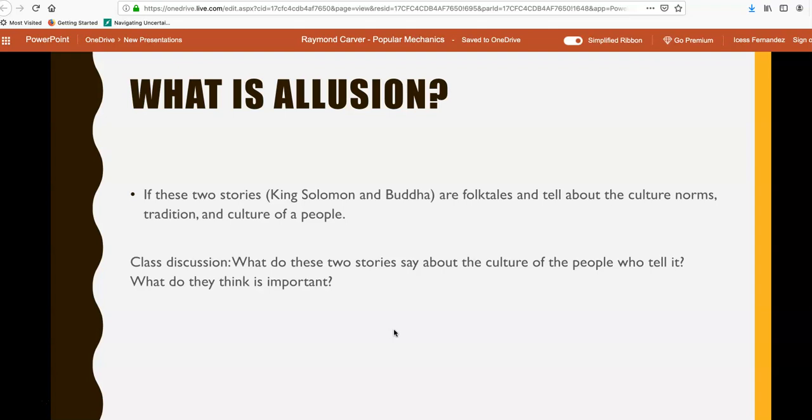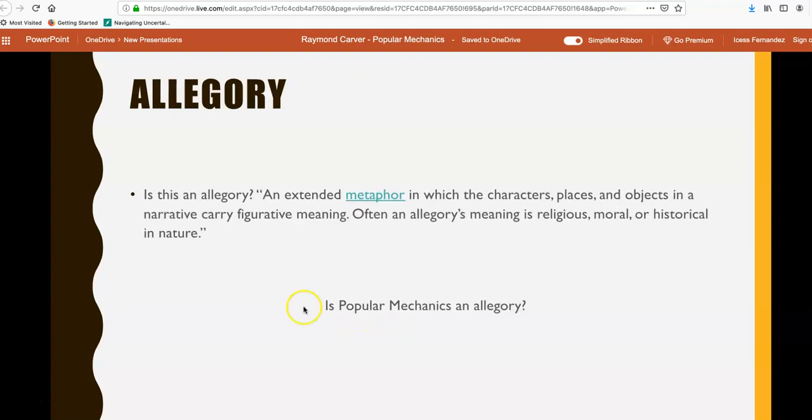What's important in our culture? Now, again, I'm going to ask you to check what you believe. And I want you to check that, put it aside. What is this story actually saying? Because what I don't want you to do is imprint what you believe onto the story. Because that is not what Raymond Carver is saying. Right? I don't know what he's saying. Don't ask me. I'm just an English teacher.